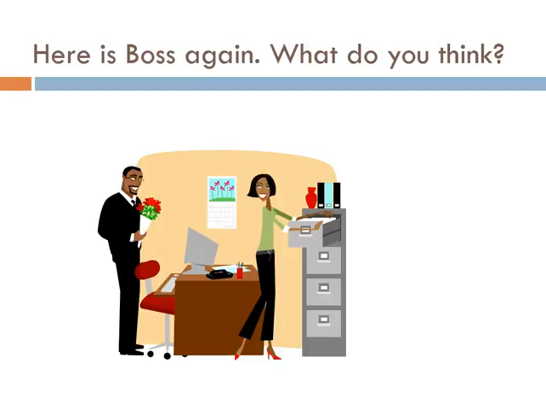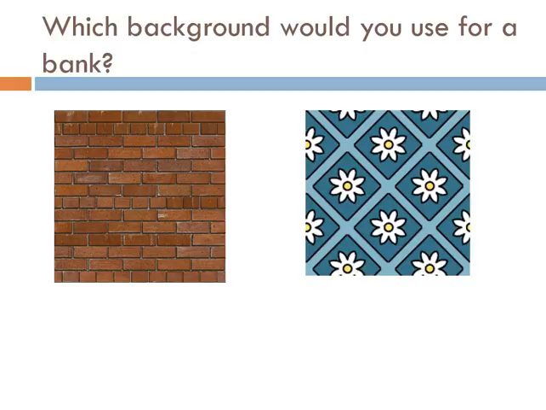So images have meaning, and the type of image you use can set the tone for your learning environment. If you think for a moment about banks, if you had a background for a web page for a bank, you wouldn't want to use the image on the left or the one on the right of the daisies.